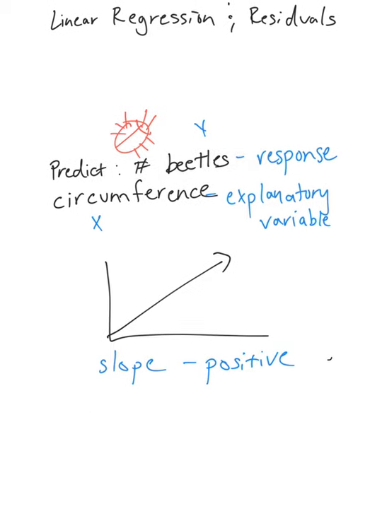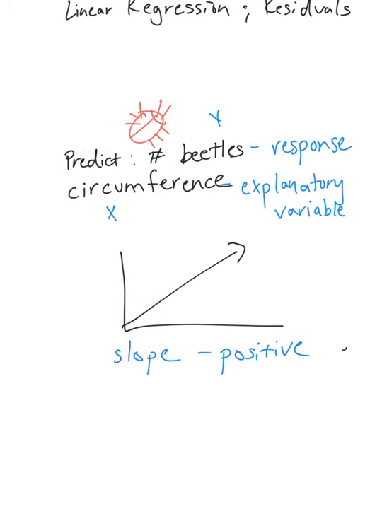Also, with a positive slope, this would be my y, the number of beetles, and this one here, circumference.